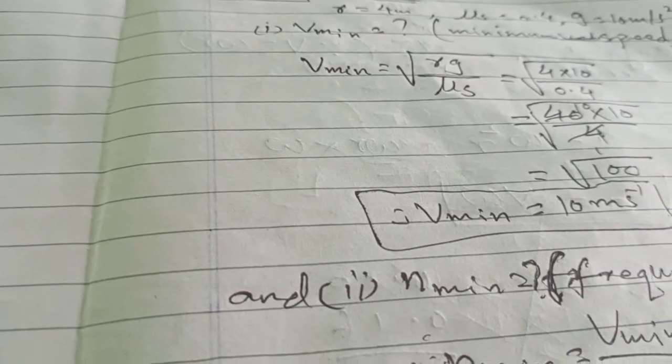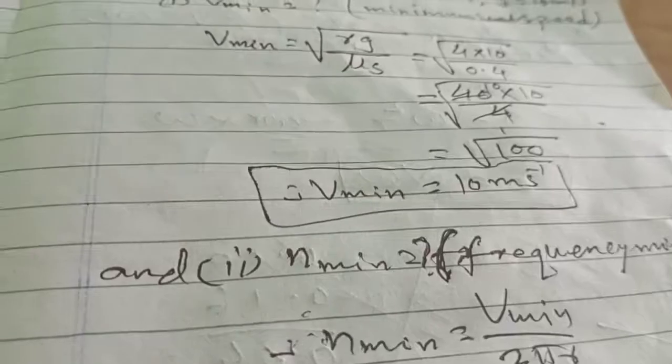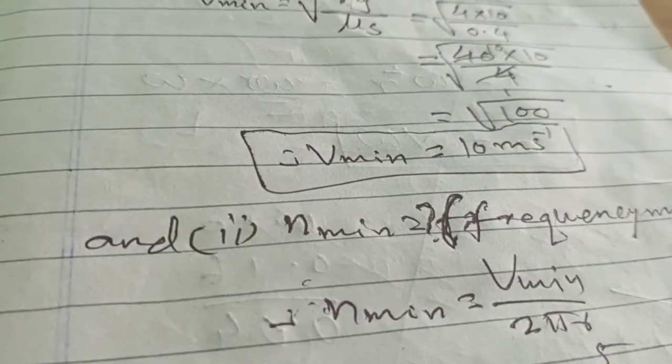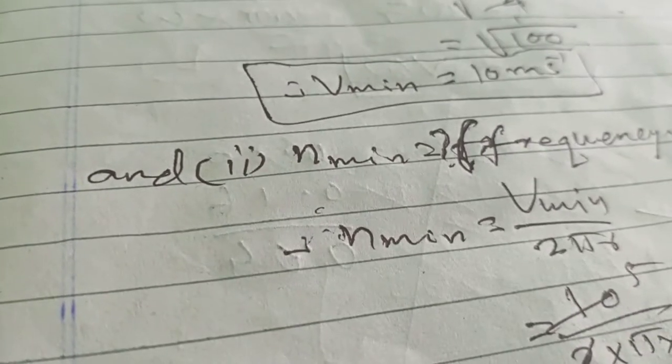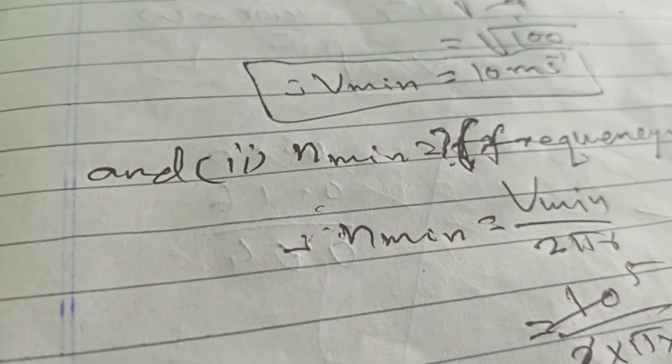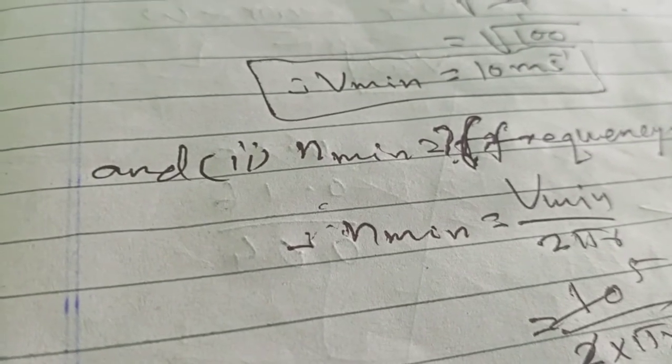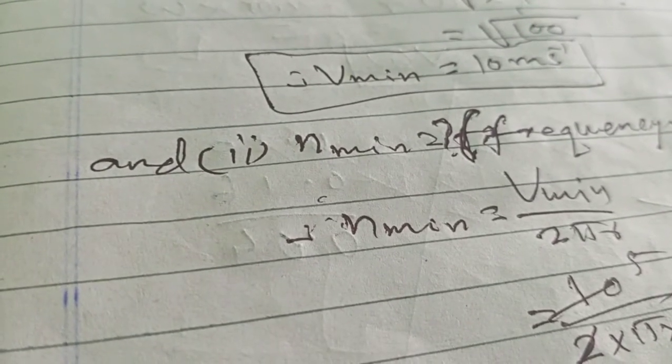And second is the minimum frequency. The formula for the minimum frequency in terms of linear velocity is v upon the circumference of the well, v minimum divided by 2 pi r.